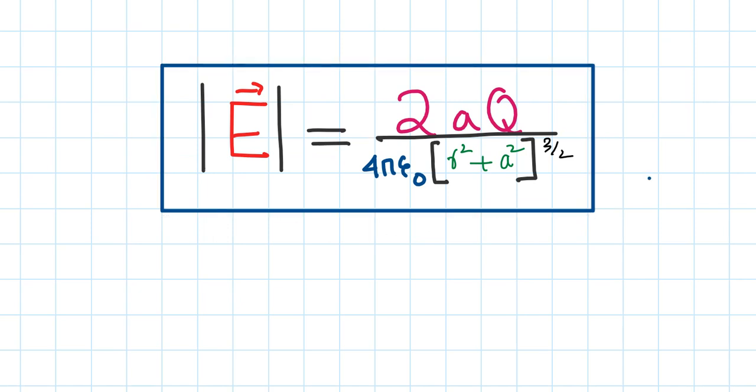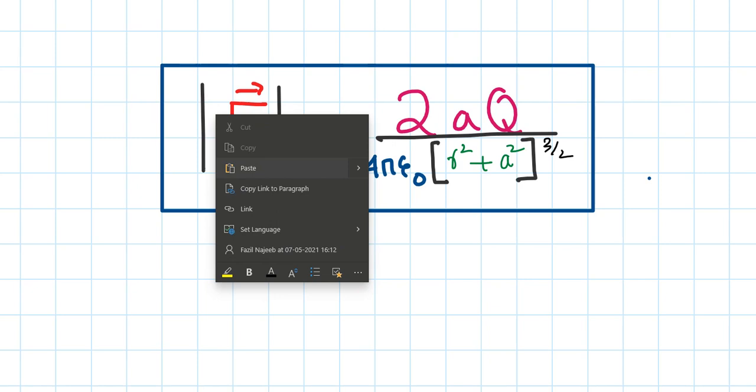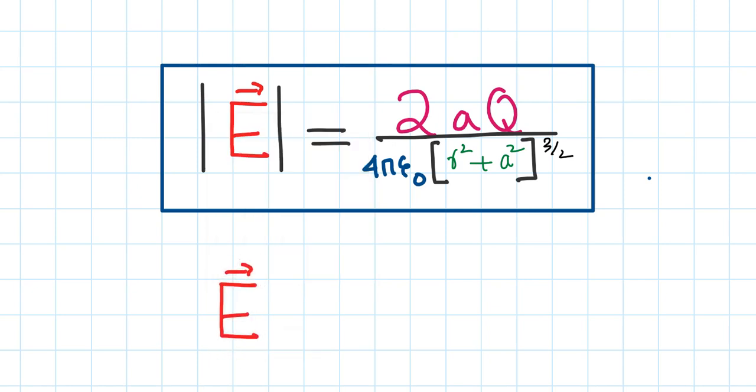If you want to write this in terms of vector notation, I can do that too. One thing you know is that the total electric field was in the minus i cap direction. Sorry about that, it is in the i cap direction.